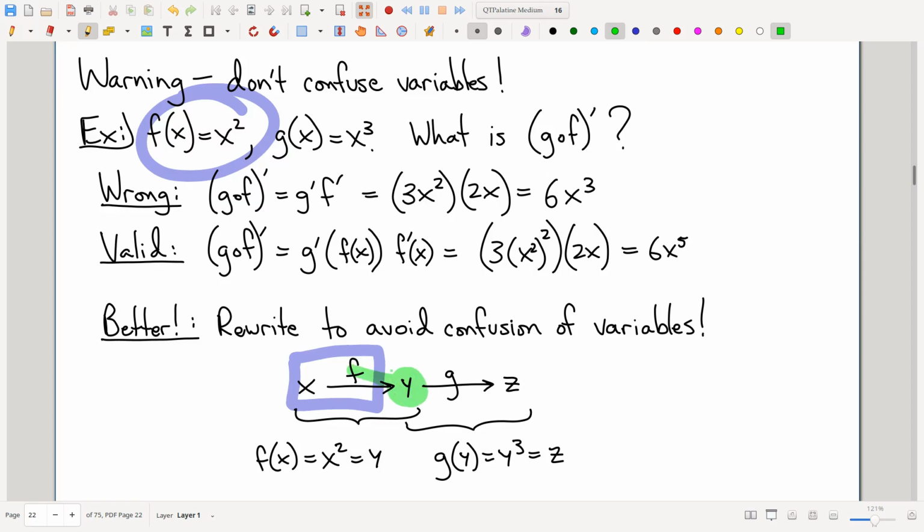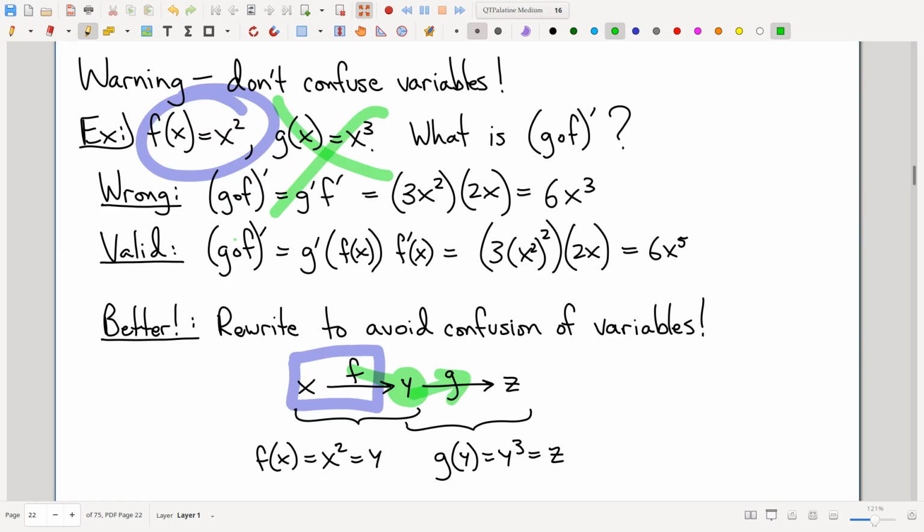I don't think I should call it x. X is the input. If I called the output x also, that would be silly at best. Kind of unacceptable, really.